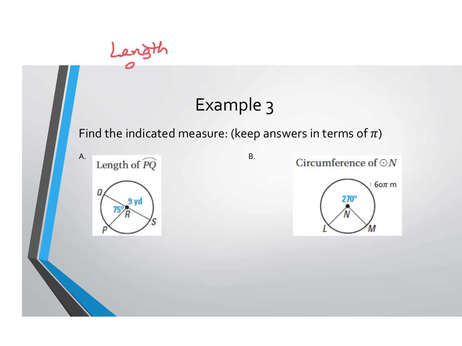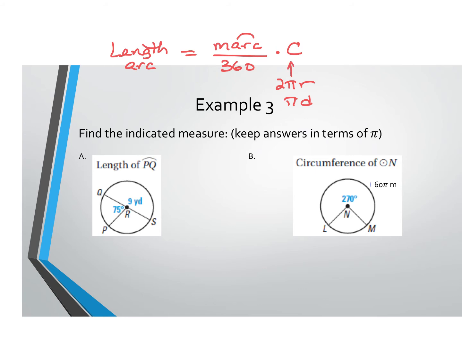Length of the arc, the formula we're going to use is the measure of the arc in degrees divided by 360, and then remember it's times the circumference formula. And this can either be 2 pi r or pi d.